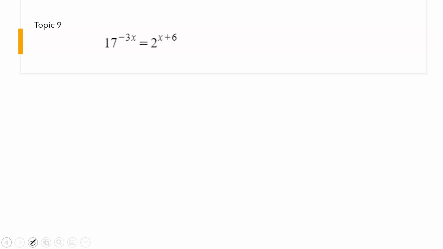So what happens when we cannot equate the bases and the bases are completely different, like in this case? Well, you can use natural logarithm or common logarithm to the base 10. Either of the two will be correct, so don't worry, you can use any. I will probably do a different exercise with natural logarithm next.